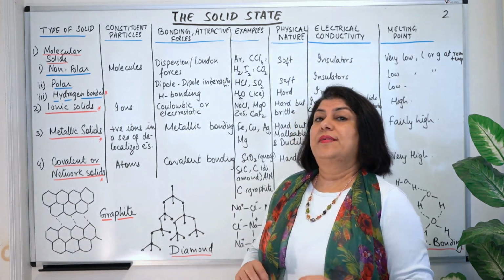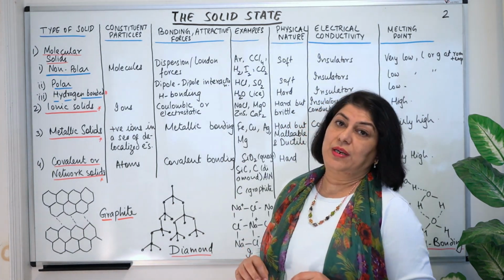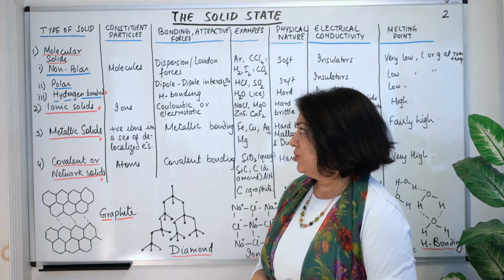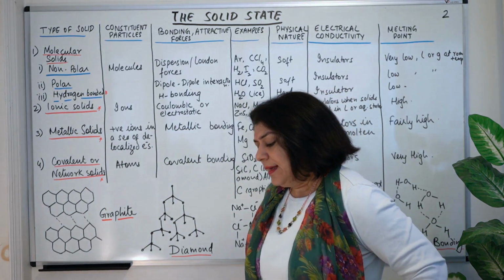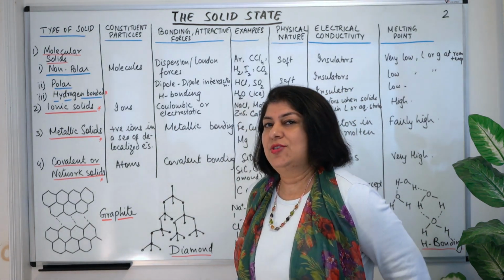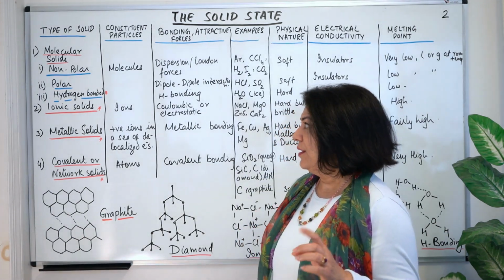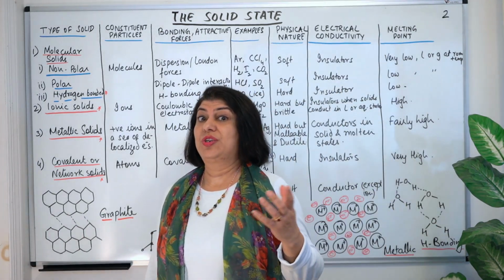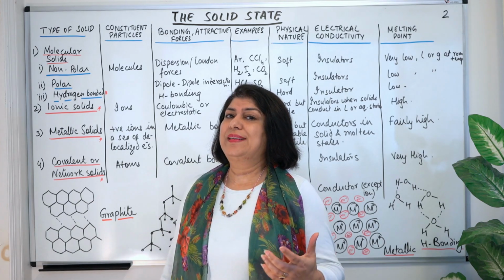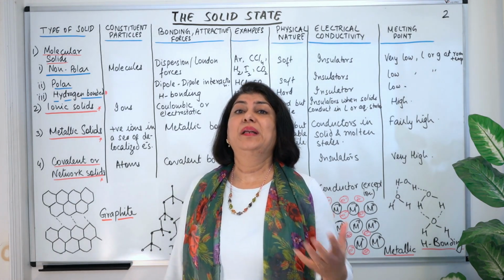The next category of molecular solids are the hydrogen bonded solids. The hydrogen bond actually is not a bond. We've done chemical bonding and molecular structure in class 11, and I told you at that time the hydrogen bond is not a real bond.